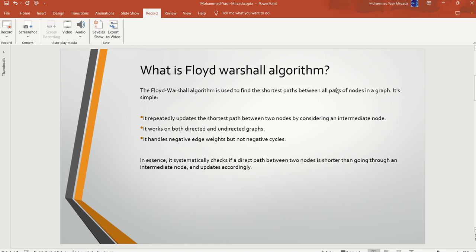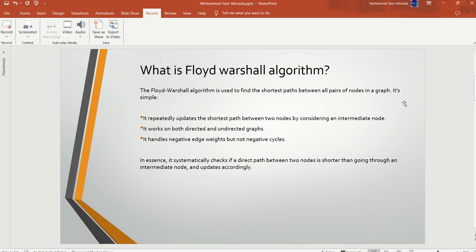First, we have to know what the Floyd Warshall algorithm is. The Floyd Warshall algorithm is used to find the shortest path between all pairs of nodes in a graph. It's simple. It repeatedly updates the shortest path between two nodes by considering an intermediate node.